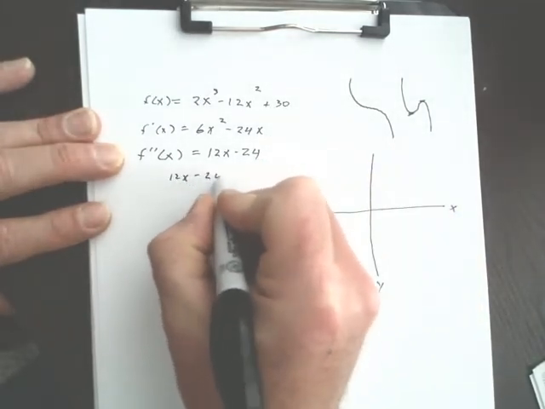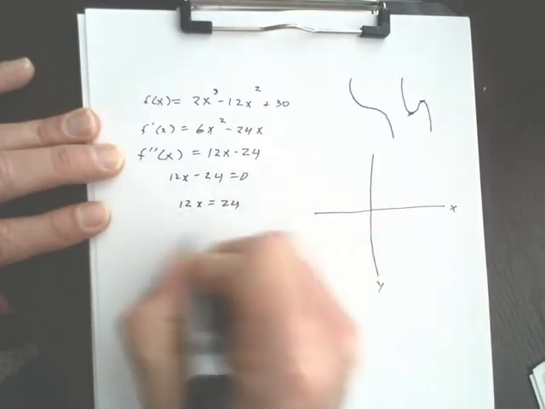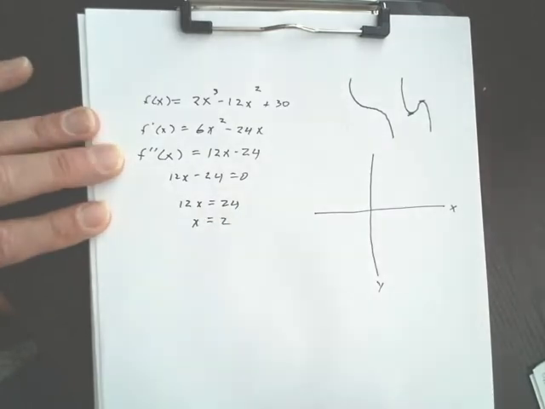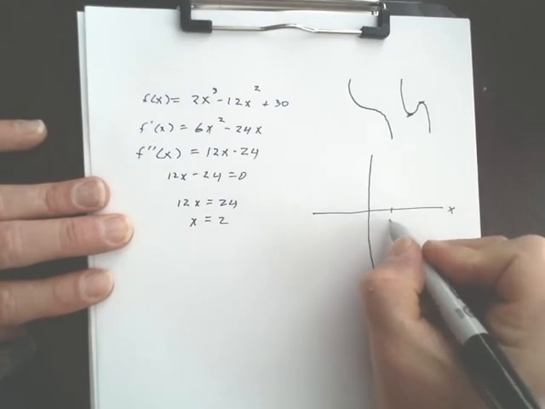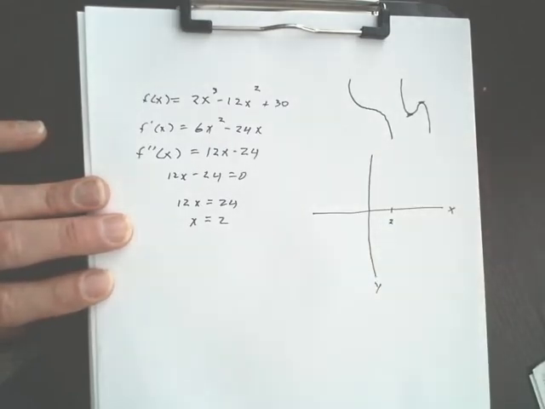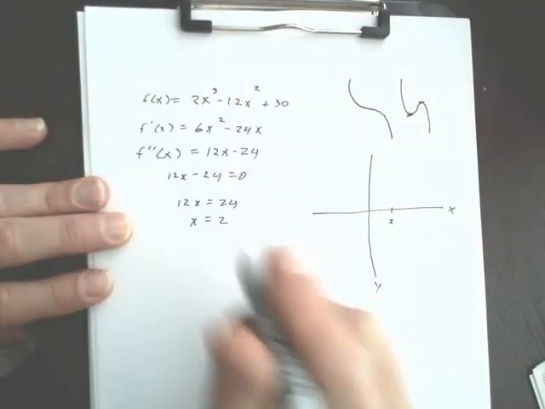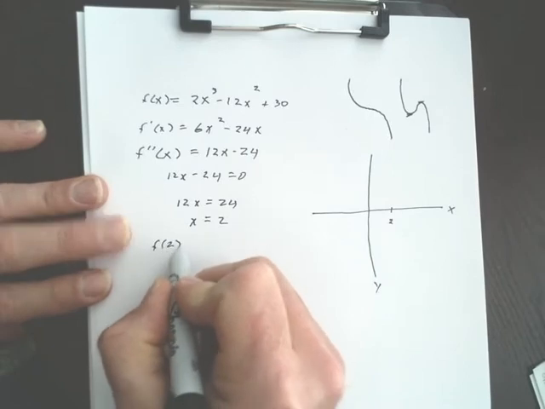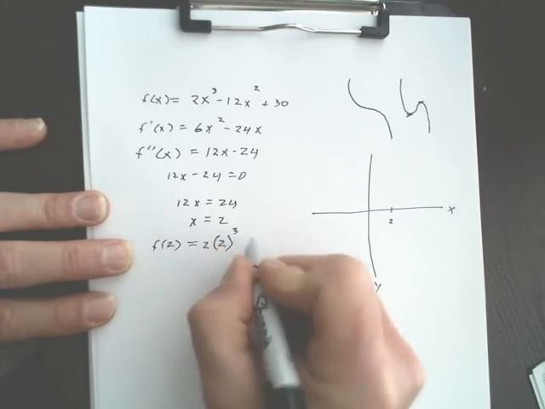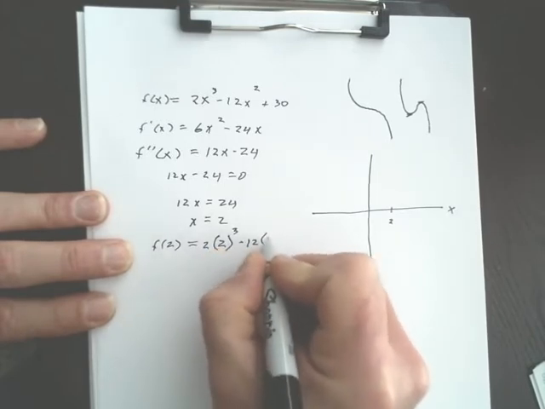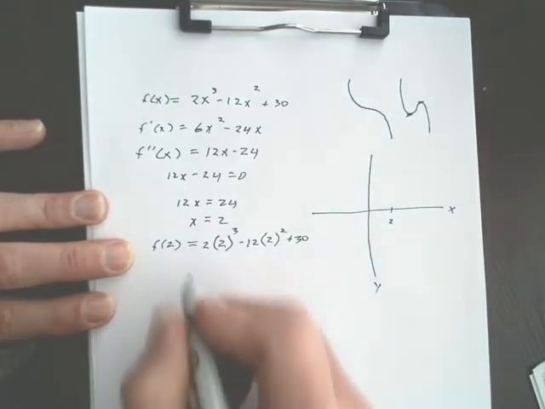So we're going to set that equal to 0 in order to find it. So that gives us 12x minus 24 equals 0. 12x equals 24. X equals 2. Okay? So at x equals 2, somewhere out here, is going to be the x-coordinate of the inflection point. What is the y-coordinate? We're going to plug that 2 back into the original function, and we're going to find f of 2, which equals 2 times 2 cubed minus 12 times 2 squared plus 30.